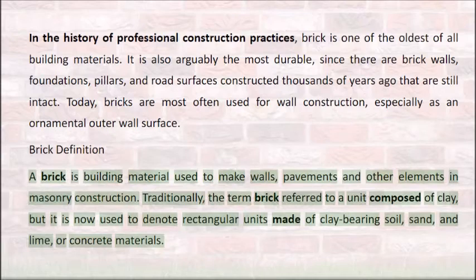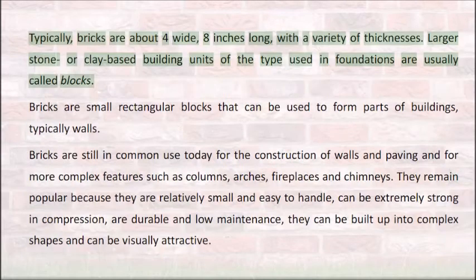Traditionally, the term brick referred to a unit composed of clay, but it is now used to denote rectangular units made of clay-bearing soil, sand, and lime, or concrete materials. Typically, bricks are about 4 inches wide and 8 inches long, with a variety of thicknesses. Larger stone or clay-based building units of the type used in foundations are usually called blocks.